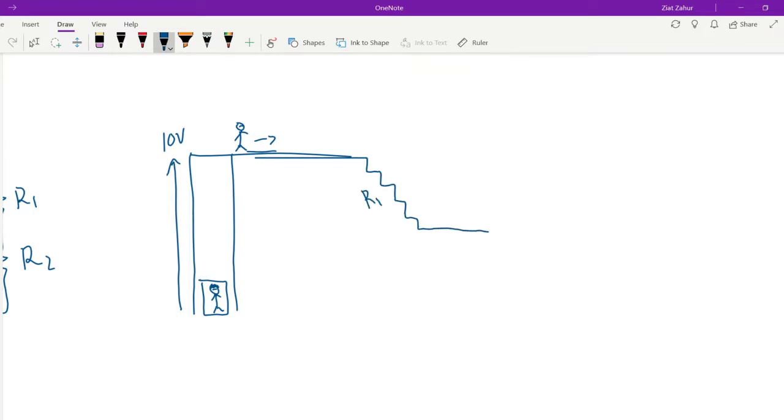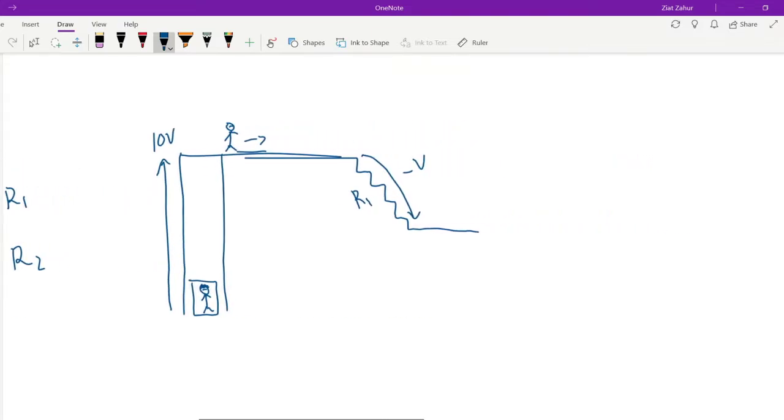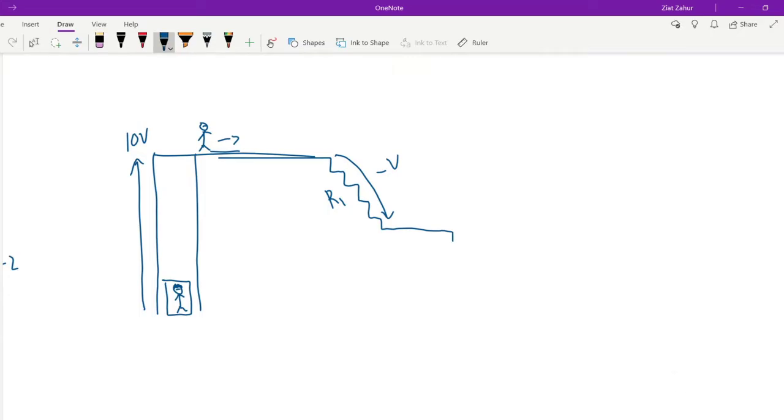So this is resistor 1, and you've fallen some amount of voltage. If the first one dropped V amount, then whatever's left, because there's only 2 resistors in this circuit, will be dropped by the second resistor.